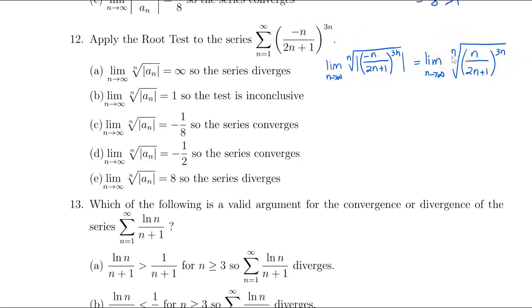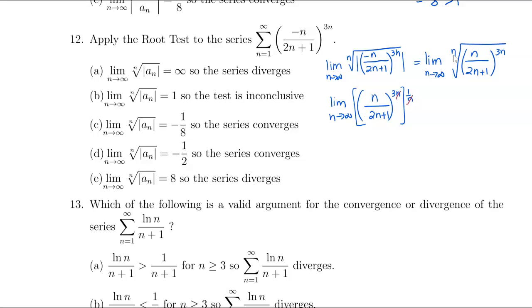That means we actually can divide the power here by n. So this is equal to the limit as n approaches infinity. You could write this as n over 2n plus 1 to the 3n. Then you raise that to the 1 over n.